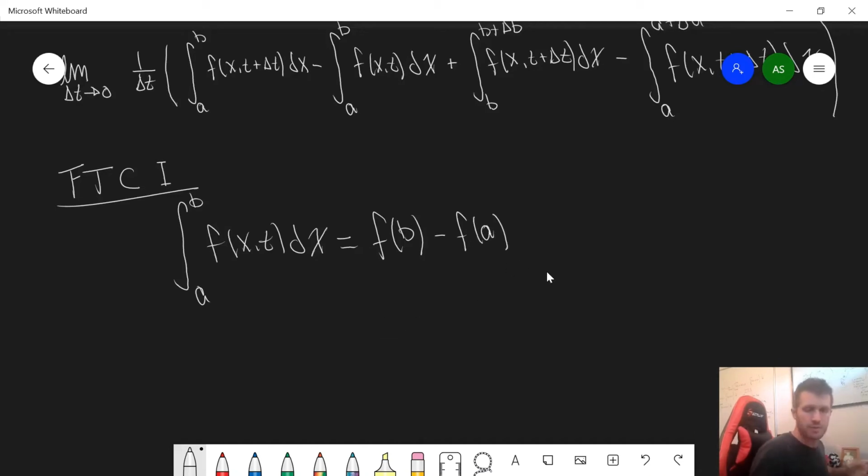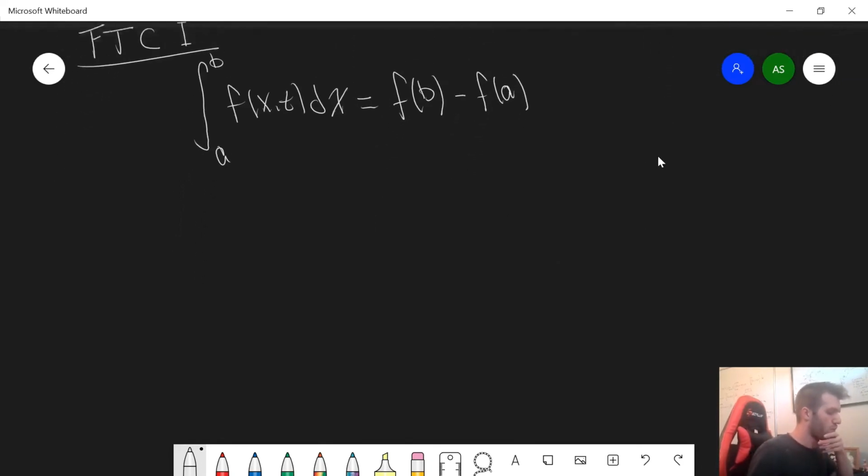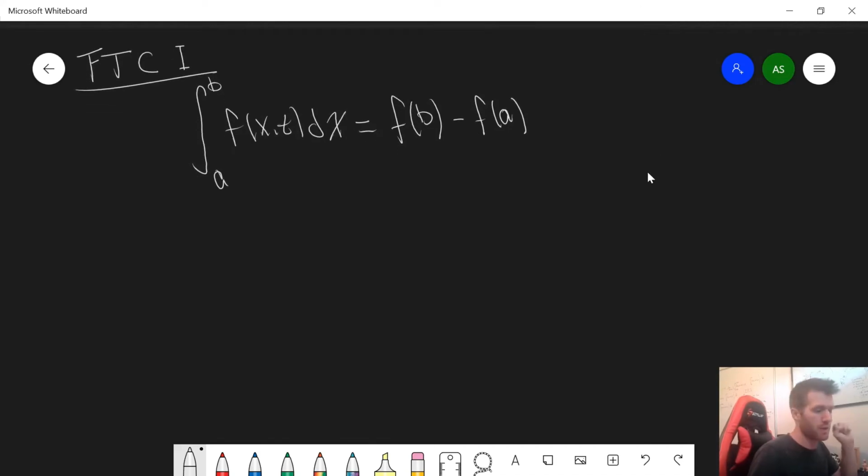Now, pretty simple. You should all know that. Not too difficult. Now, another concept that you may have learned in Calc 1 and some of Calc 2 as well is the mean value theorem.